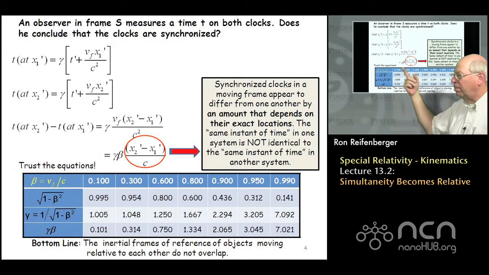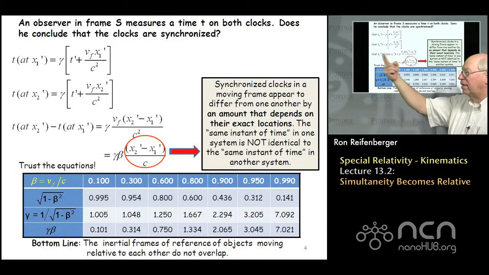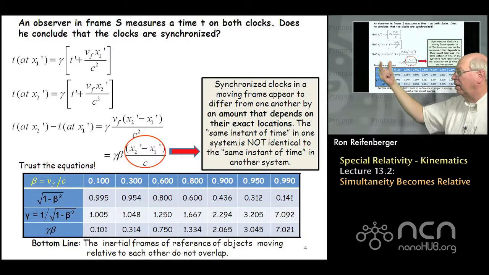If the speed of the reference frame V sub f is equal to 0.1 times the speed of light, then this factor gamma times beta is a small number, about 10%. It just means that the two clocks are going to appear to be out of sync. They actually are not synchronized anymore, but it's a 10% effect.